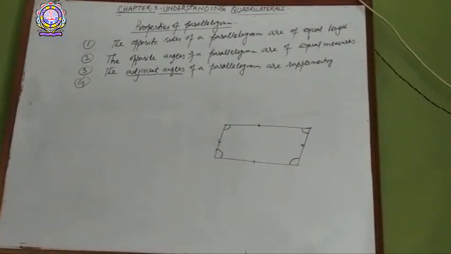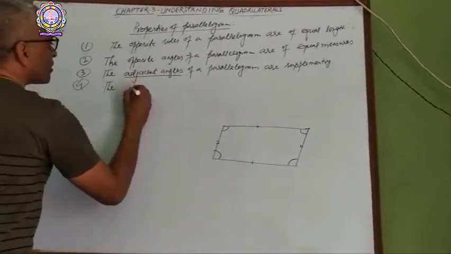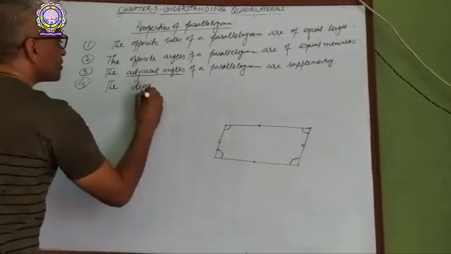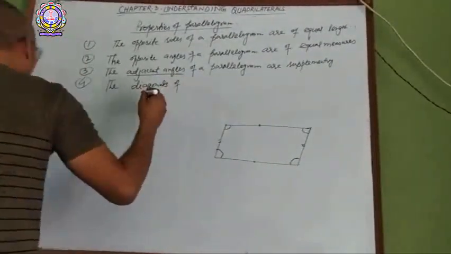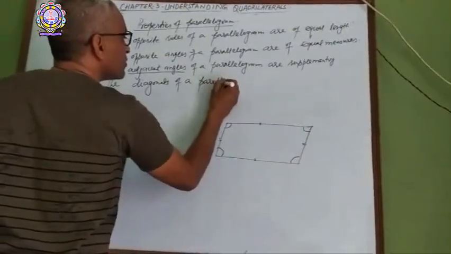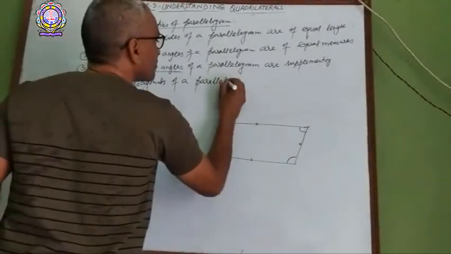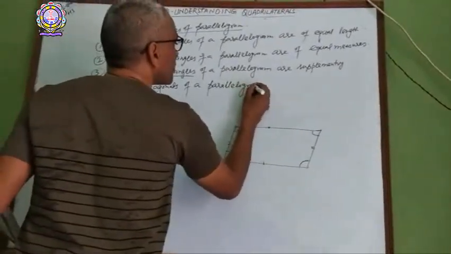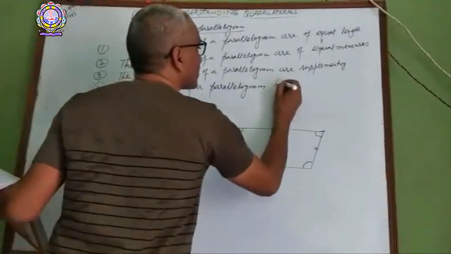The diagonals of a parallelogram bisect each other.